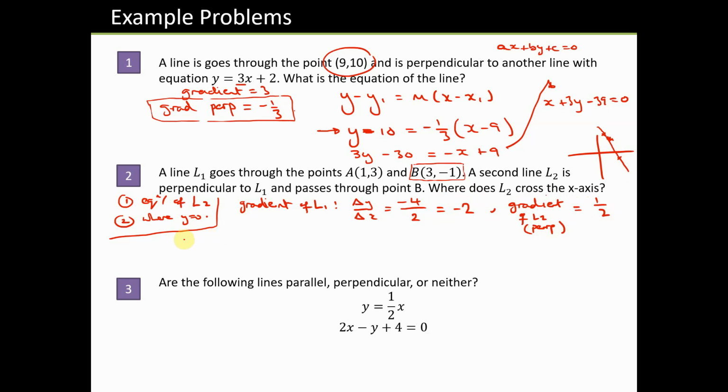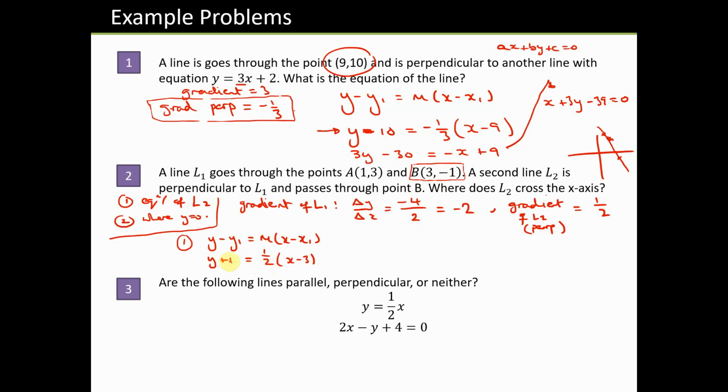So, finding the equation of L2, we're going to use y minus y1 equals m brackets x minus x1, and we're using the coordinate B because that's where it passes through. So y plus 1, that would be minus lots of minus 1, equals a half of (x minus 3).